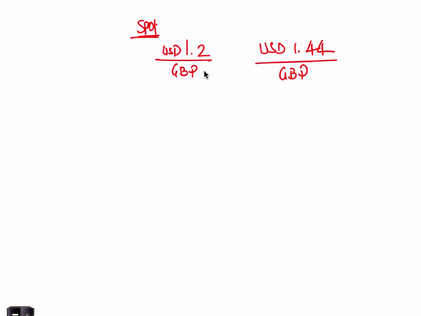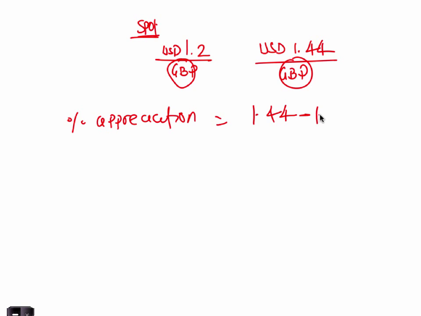Now we can clearly see that the British pound was originally 1.2, now it is 1.44, that means it has appreciated. So how much is the percentage appreciation in the GBP? We would say 1.44 minus 1.2 divided by 1.2, that would give us the percentage of appreciation.